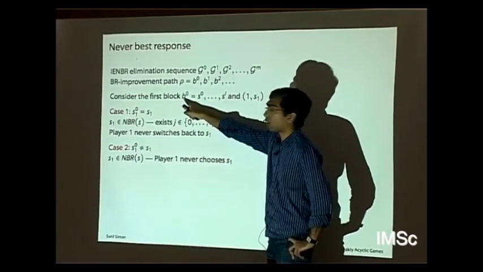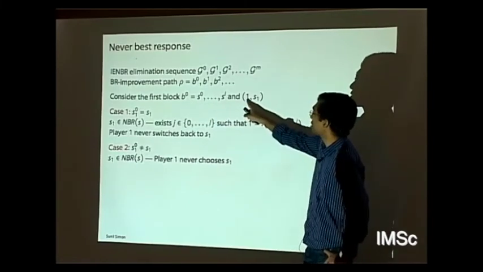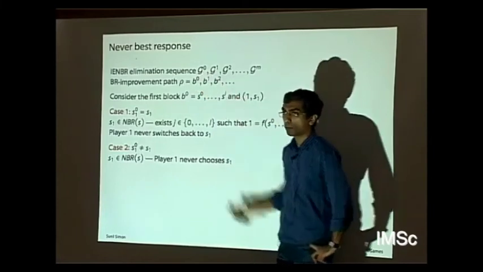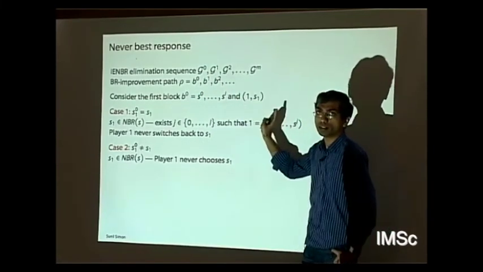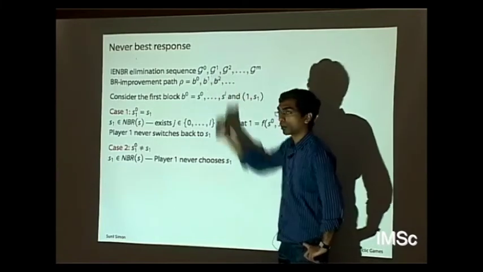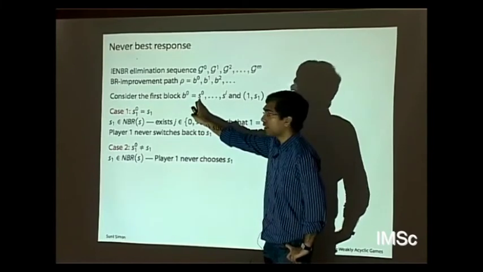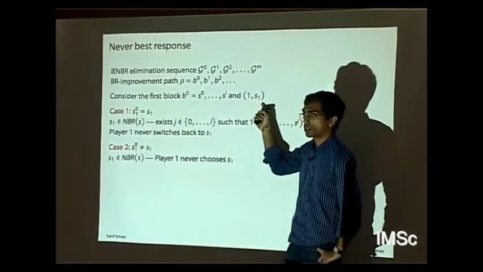You take the first block, which looks something like this. Now you take the first strategy which is eliminated when you go from G0 to G1. This says that the strategy S1 of player 1 is eliminated. That's how you get G1. Now there are two cases. In this first profile here, suppose player 1 is actually playing S1, which is the strategy which is never a best response.